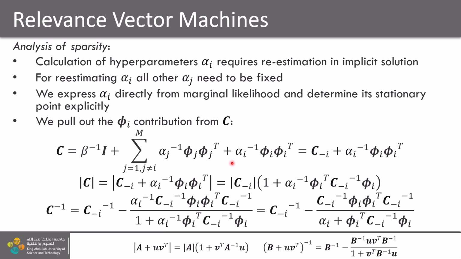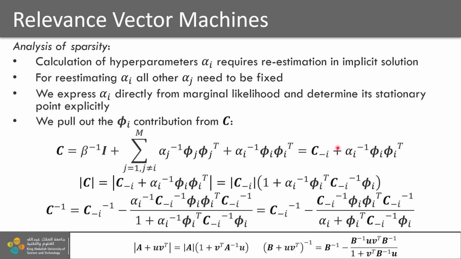So the i is taken out separately from the sum, and we can therefore express that our C is equal to the covariance matrix C minus i plus the ith component of the basis function, further weighted by the variance alpha i inverse.